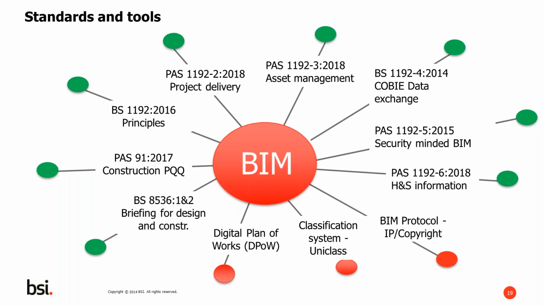They also established a classification system for BIM called Uniclass, and they also established something called the Digital Plan of Works, which is effectively a stage approach to the asset lifecycle by which information should be managed and shared.